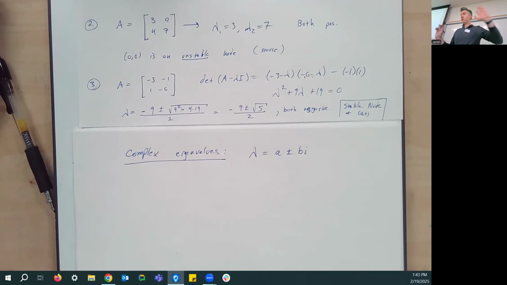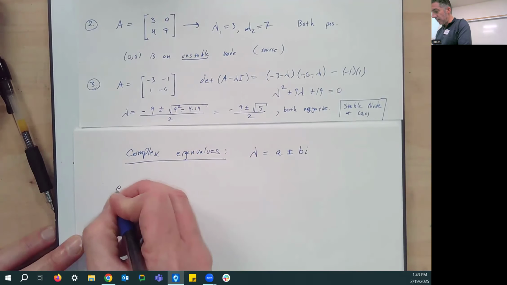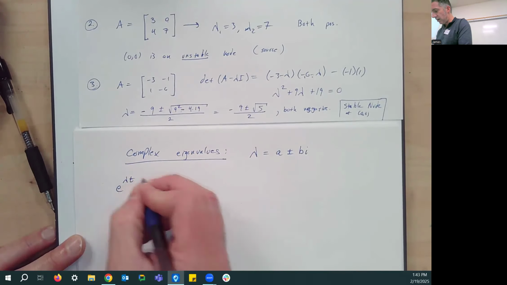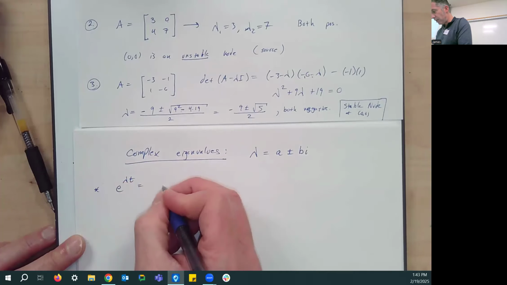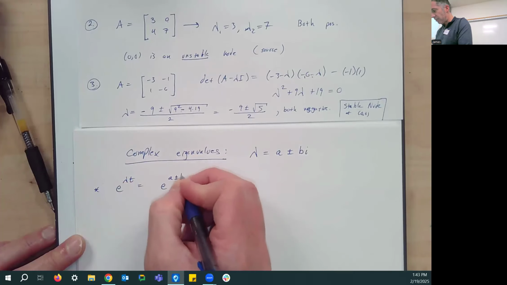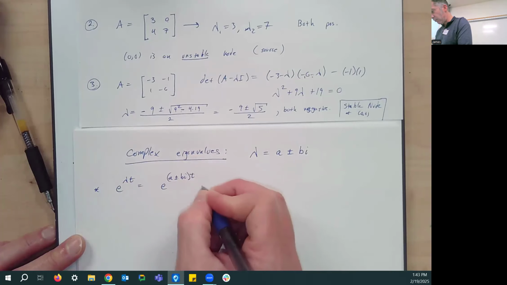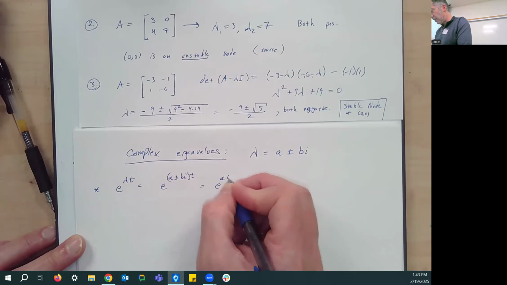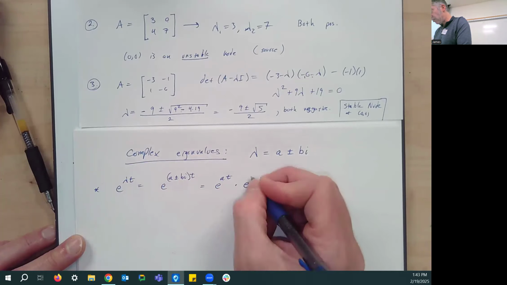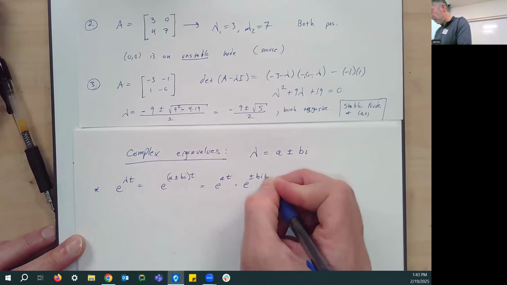Because as we saw before, just a reminder, e to the lambda t here is going to equal e to the a plus or minus bi times t, which we're going to break up as e to the at times e to the plus or minus bi times t.